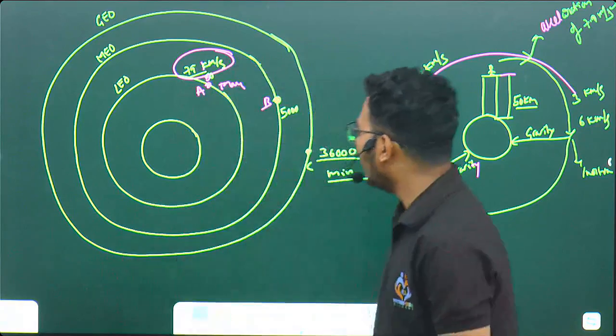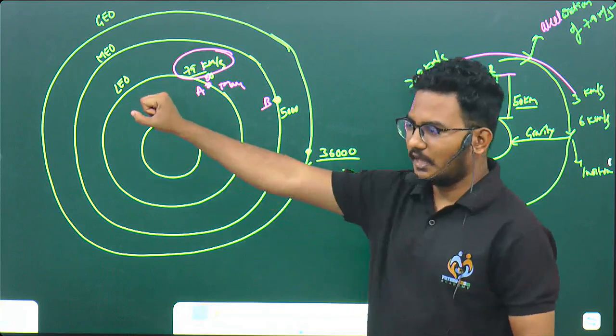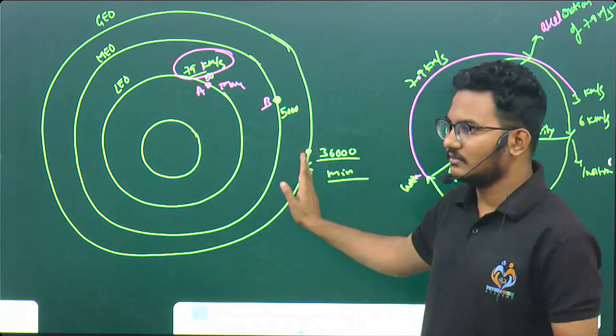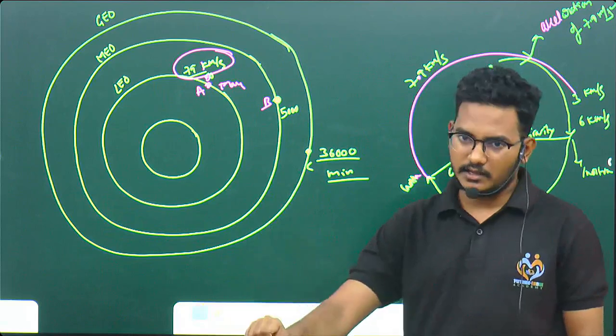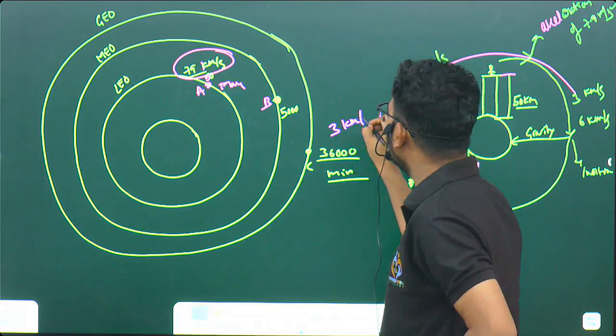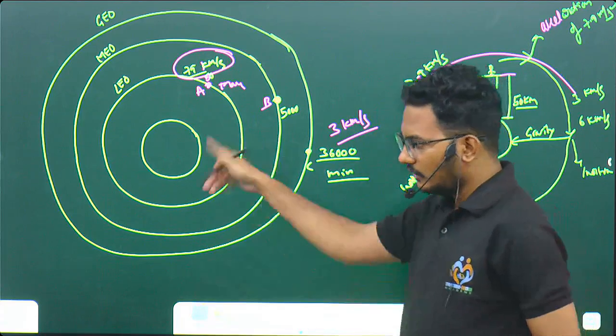Here there is more resistance, so you need more speed, and only then can you cover the orbit. Here there is less resistance, so less speed will be enough. So here you need somewhere around 3 kilometers per second speed. Okay, draw the diagram.